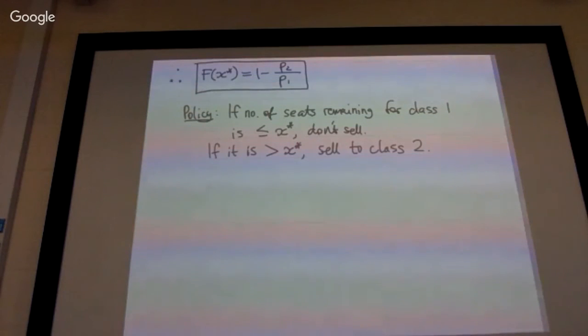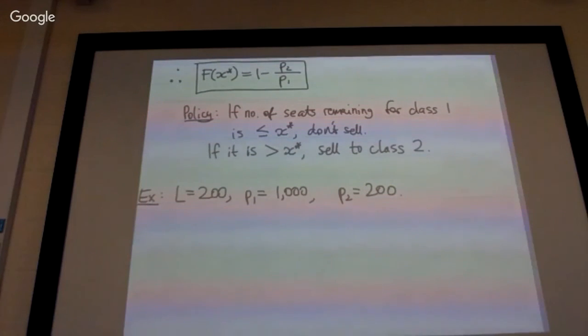So in the example, it's quite hard to read, which you have in the handout. There are 200 seats altogether, and it says that the class 1 price is £1,000. Class 2 price is £200, and there's a lot of gibberish as well. Yeah, but that's the important thing.